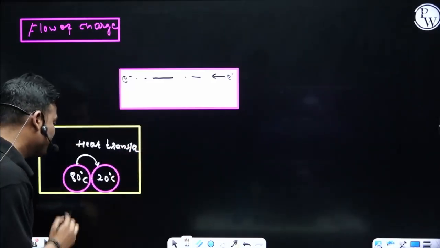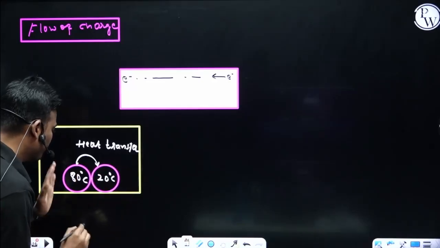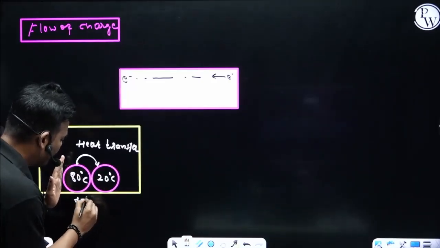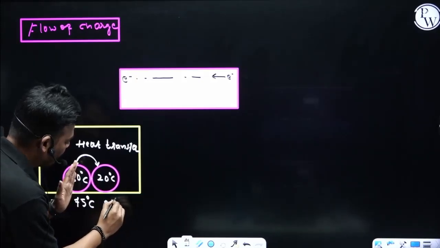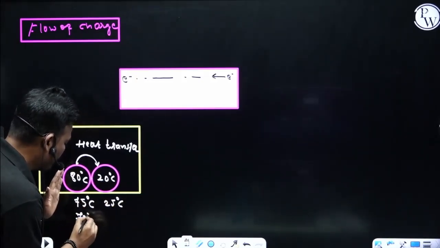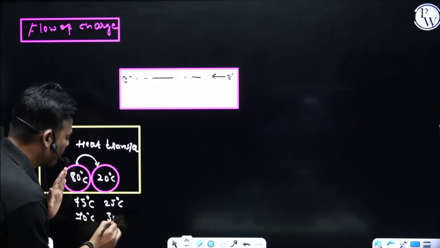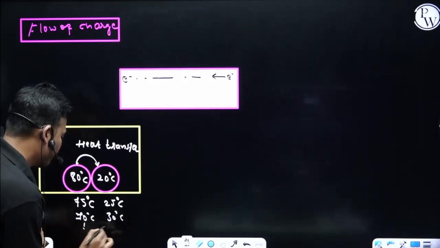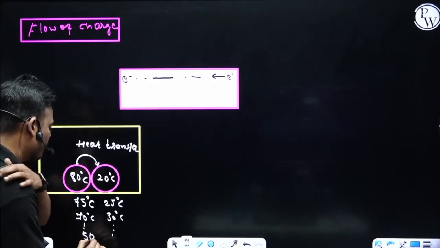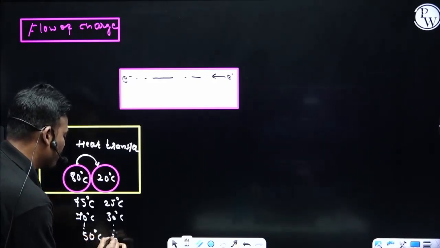So until these two bodies, let's say this will lose its temperature by 5 degrees Celsius and it will gain 25 degrees Celsius, and after some time the temperature will be 70 degrees Celsius and this one will be 30 degrees Celsius, and finally they'll reach equilibrium condition. Equilibrium condition means the same temperature.